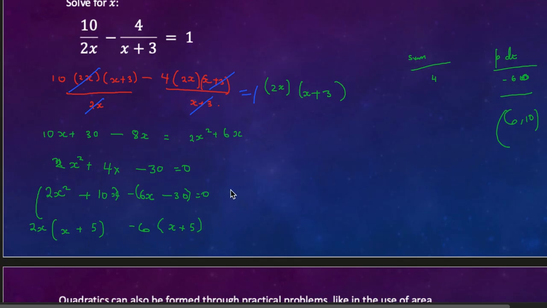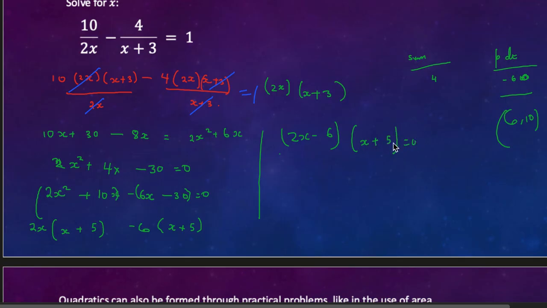If you have achieved this, then we take the contents outside each parenthesis and make it one block. So this is now 2x minus 6, and then we take x plus 5 as another.